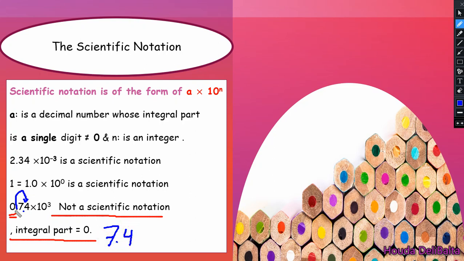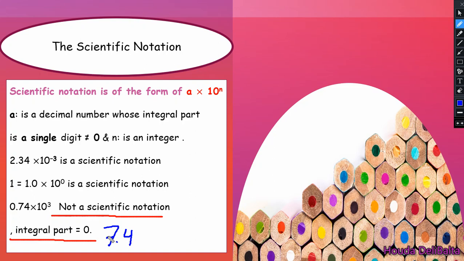So the number was 0.74 and it becomes 7.4. Let's compare the integral parts. The integral part was 0 and it is now 7.